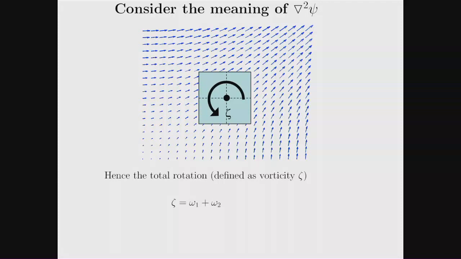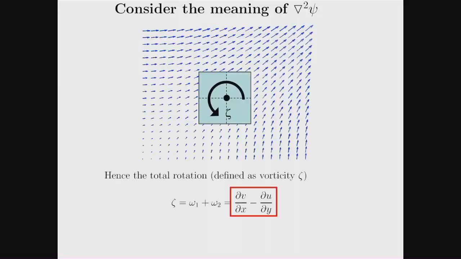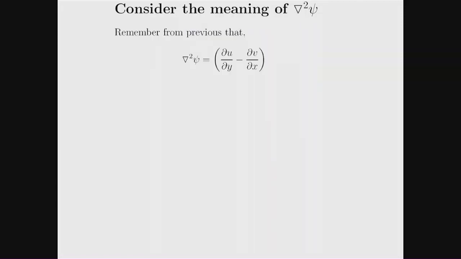So my vorticity is just going to be equal to omega 1 plus omega 2, and therefore I'll get del v over del x minus del u over del y, which is the Laplacian of psi, right? So vorticity, okay, hopefully you can see, is just the negative of the Laplacian of psi. Okay, so the Laplacian of psi gives me negative vorticity.